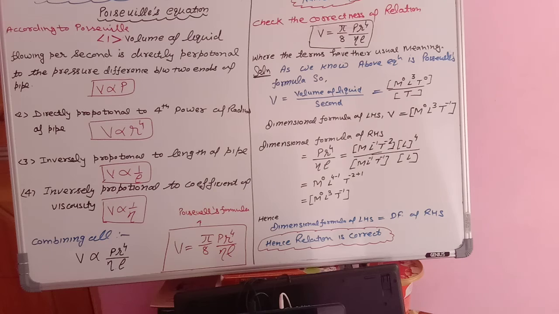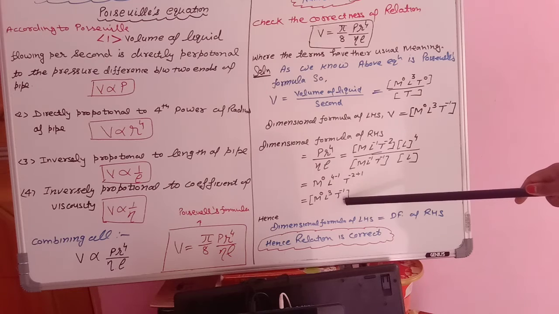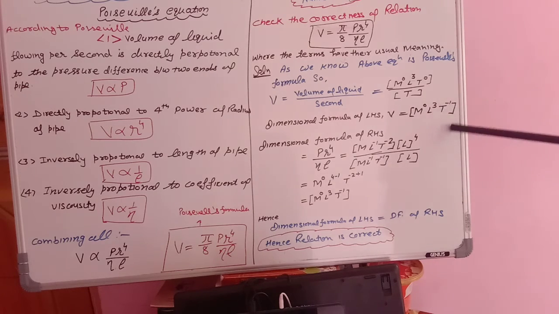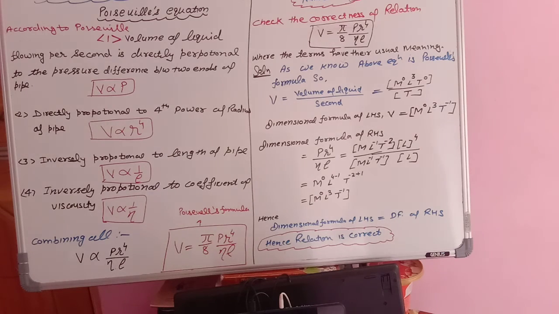So T minus 2 plus 1. So you are left with M naught L cube T minus 1. Just compare the dimensional formula of the right hand side with that of the left hand side. You will get that the dimensional formula of the left hand side is equal to the dimensional formula of the right hand side. Hence, the relation is correct.